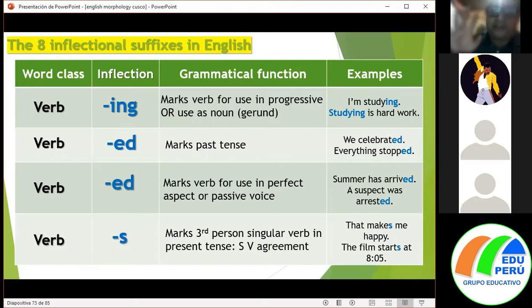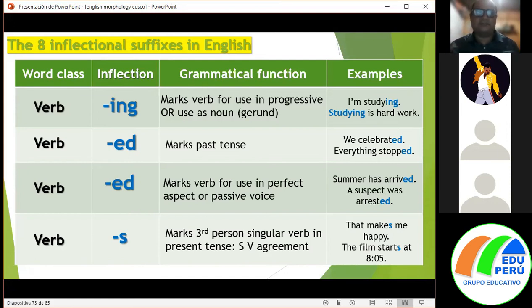Very good. So here we have these two structures. Two for nouns, two for adjectives, and here you have four for verbs. The ing, the ed for past simple, the ed for past participle, and the s for present simple third person singular. So these are the 8 cases of inflection.